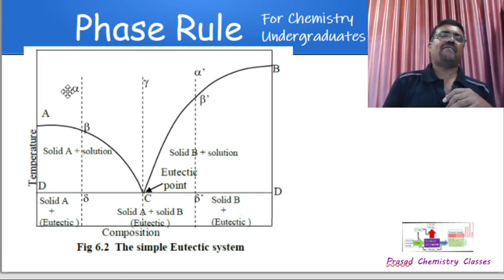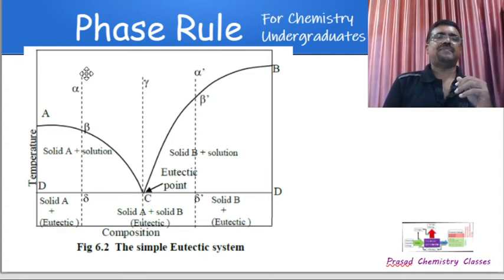Now, suppose we have a liquid corresponding to the composition alpha. If you cool it, the liquid phase will come down. At the point beta, what will happen? Solidification will start, and now the composition of the liquid phase will vary.